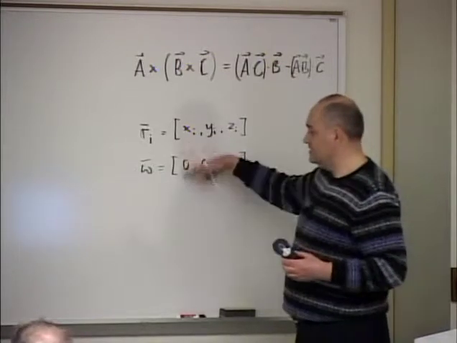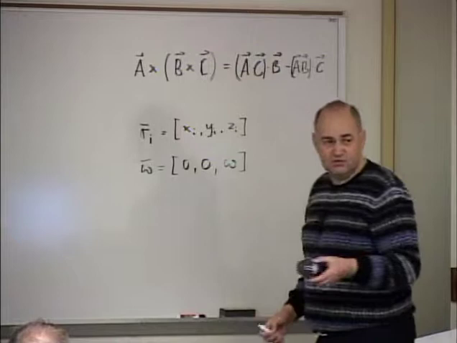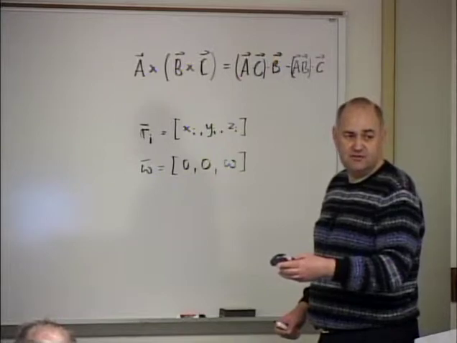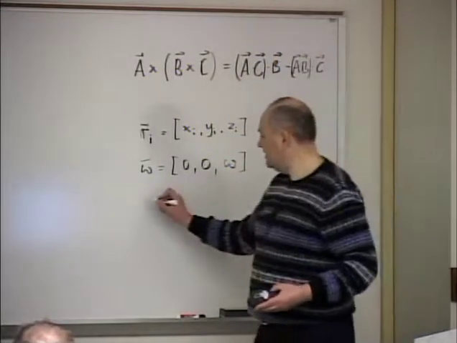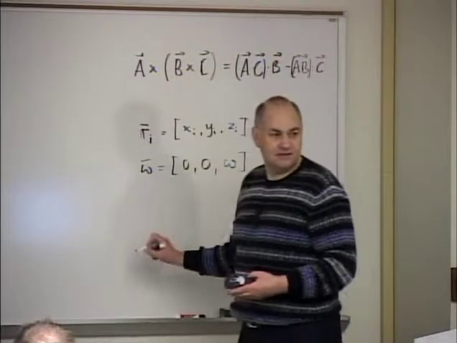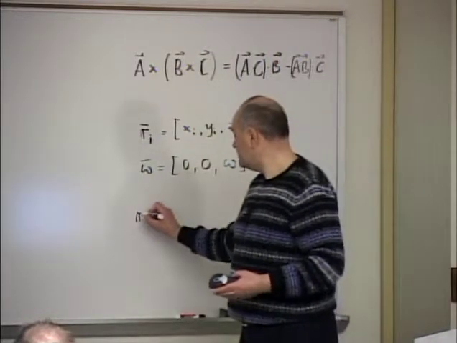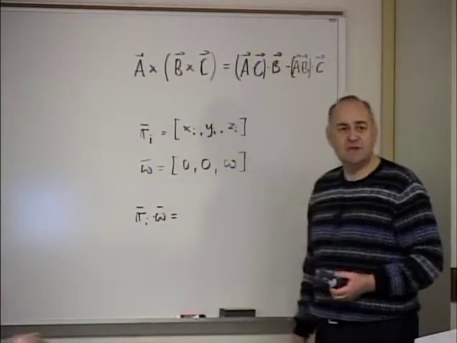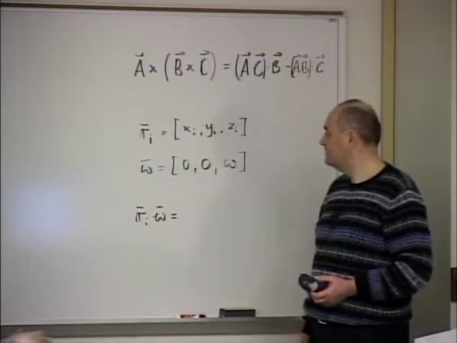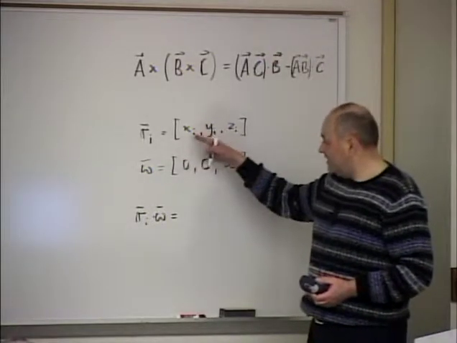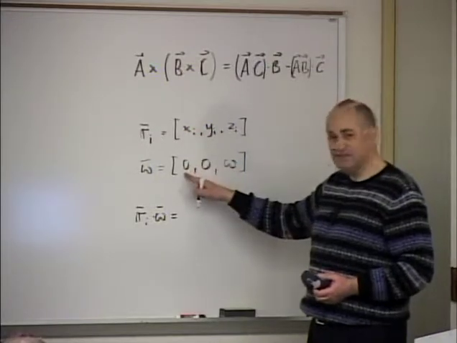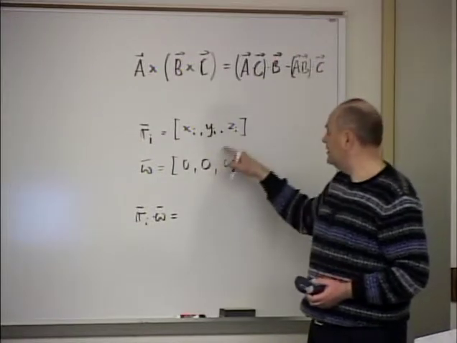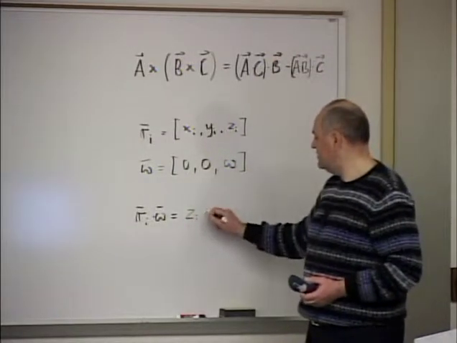Let's multiply those two vectors, because this is what we have over here. What will happen if you multiply Ri and omega? Yes, we multiply the first component by the first component, which gives me 0, plus this component times this component gives me 0, plus this times this. So it's just zi omega.